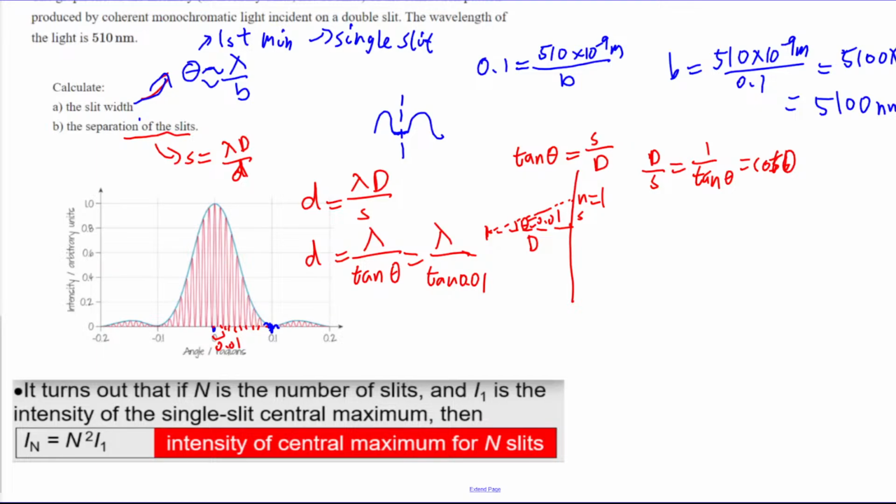So the central maximum actually becomes much brighter than the one in the middle for a single slit, because it's so narrow. So it's easy to identify.